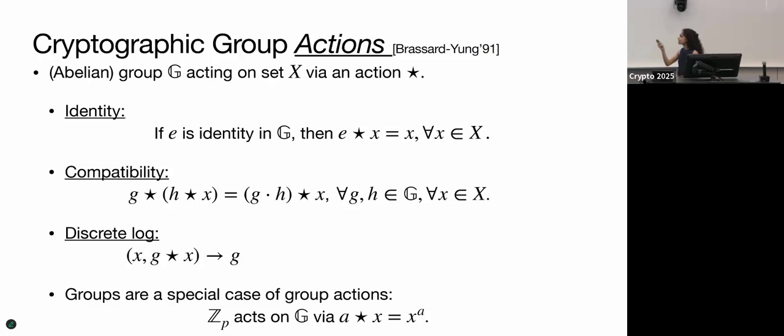Groups are a special case of group actions. You can think of Z_p as the group and the set as the group G, and Z_p would act on G via a star x equals x^a. In this setting, when you write the group action as a group, it would be the same assumption as on groups.